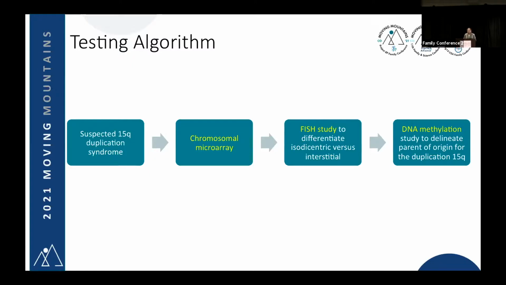So I do it often for reassurance, and I tell families it's unlikely that it's going to be abnormal, but if it is, then at least we have that information to give a more absolute answer, as much as we can, about recurrence risk.